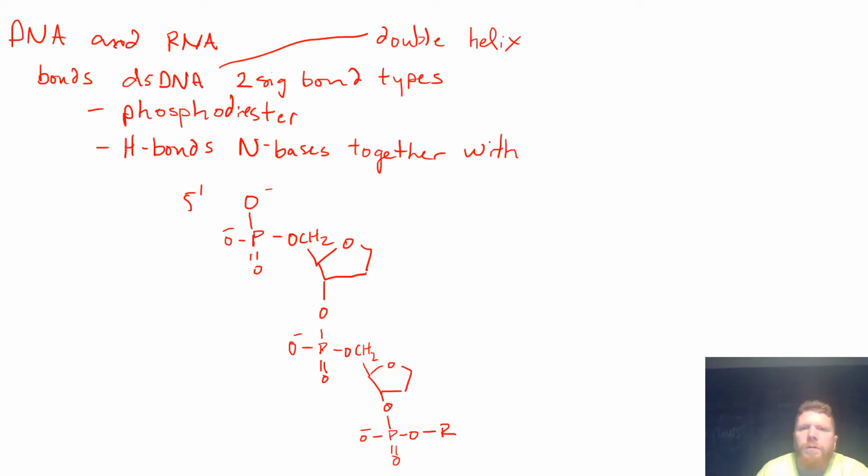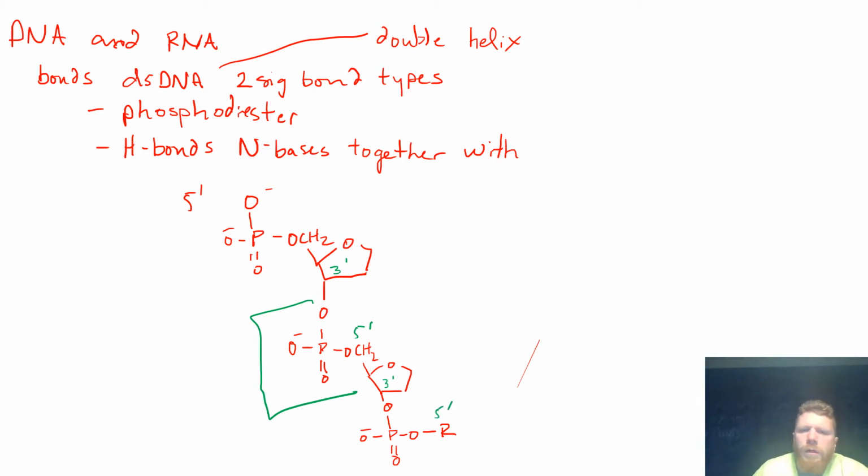Basically, your phosphodiester linkage is more or less right here. So we have one phosphate group that is connecting the 3' carbon of one sugar molecule to the 5' carbon of the next. And this continues on. The 3' hooks up to the 5'.